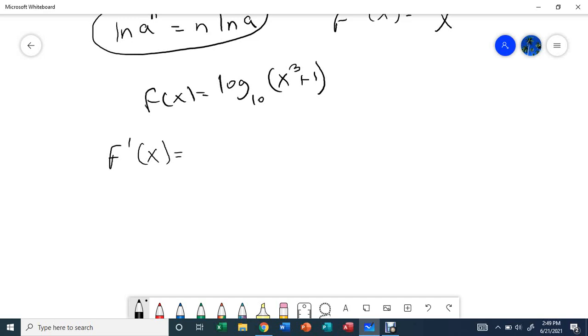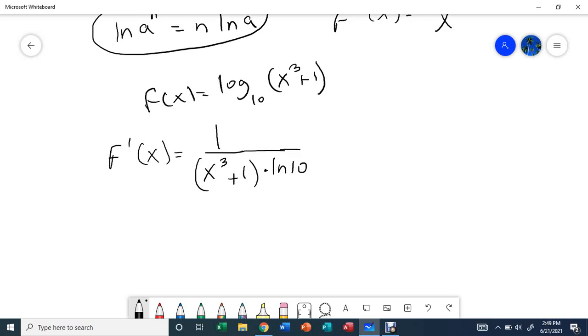So using the rule, it's 1 over x cubed plus 1 times ln of 10.